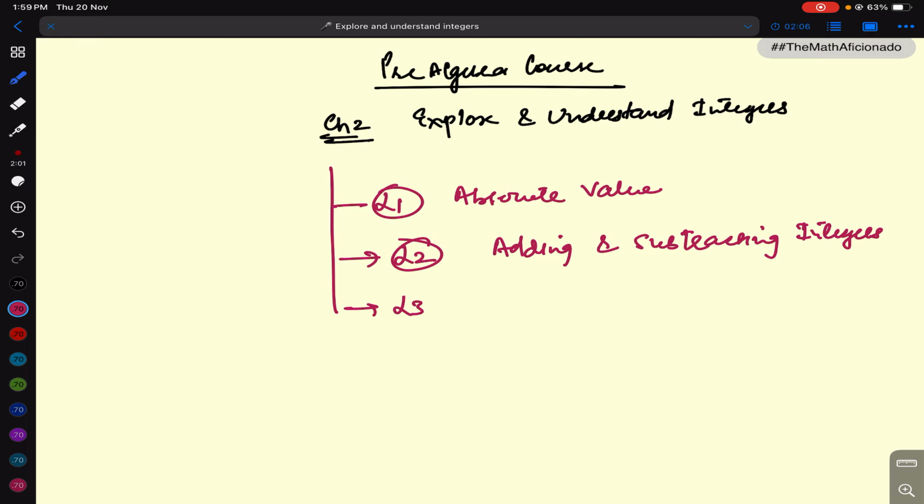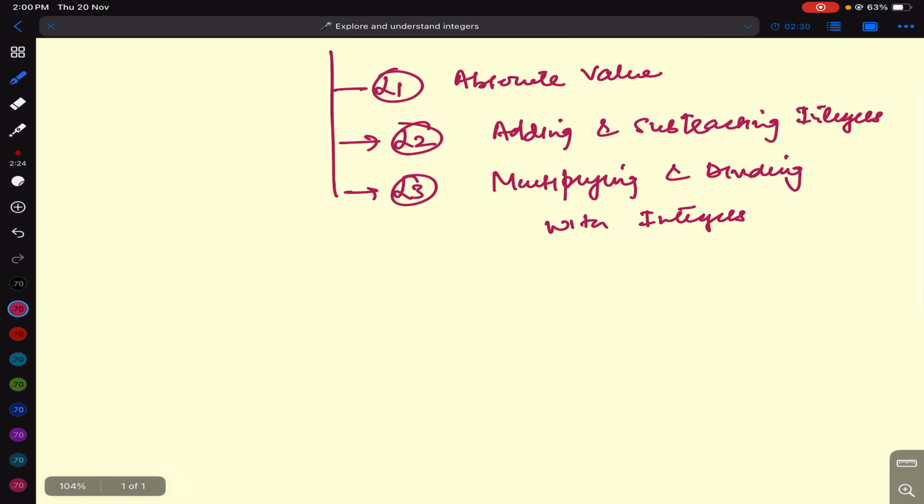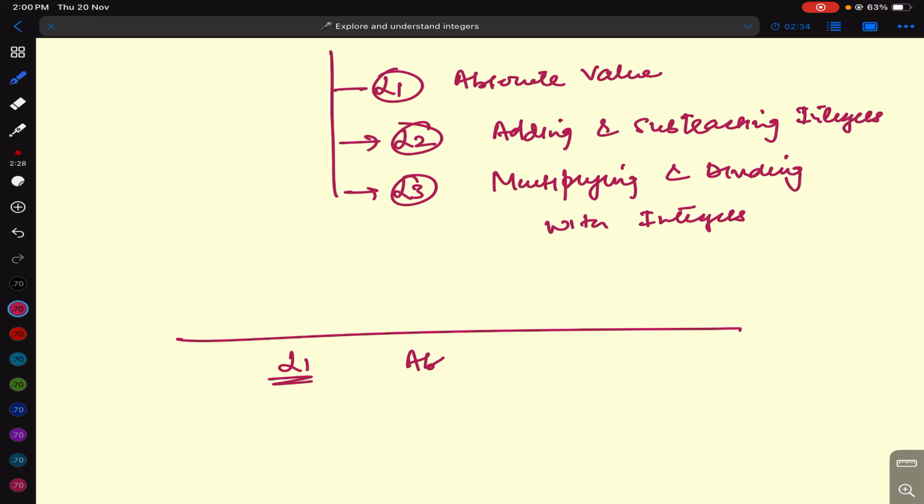And lesson 3 would be multiplying and dividing with the integers. These are the three lessons under this chapter, exploring and understanding the integers. Now let's quickly start with lesson number 1, which is absolute value.